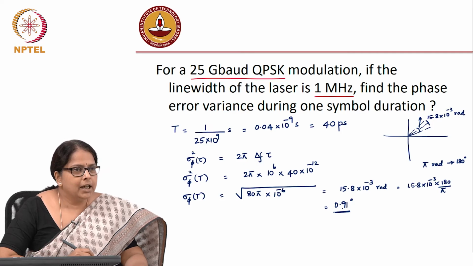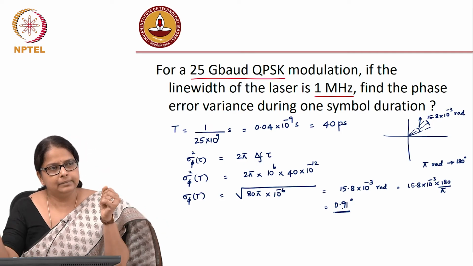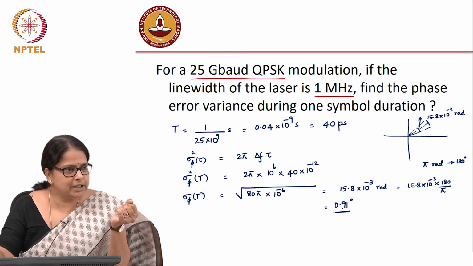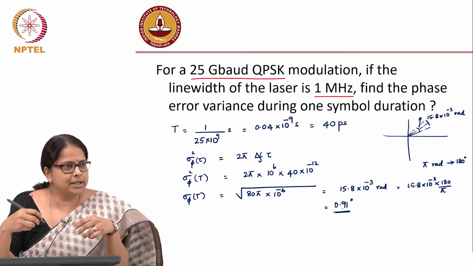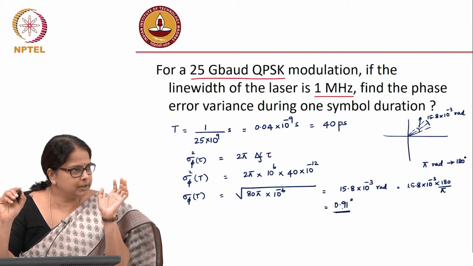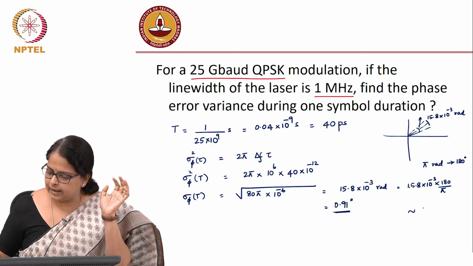Okay. Now, look at the danger. When we do error counting, when we do a bit error rate, what is bit error rate? Bit error rate is the number of error bits divided by the total number of bits that you transmitted. And I will tell you upfront, in an optical communication system, the acceptable bit error rate is approximately 10 power minus 9.